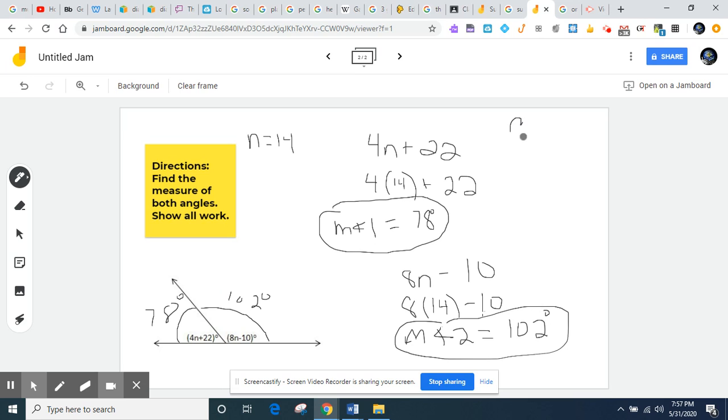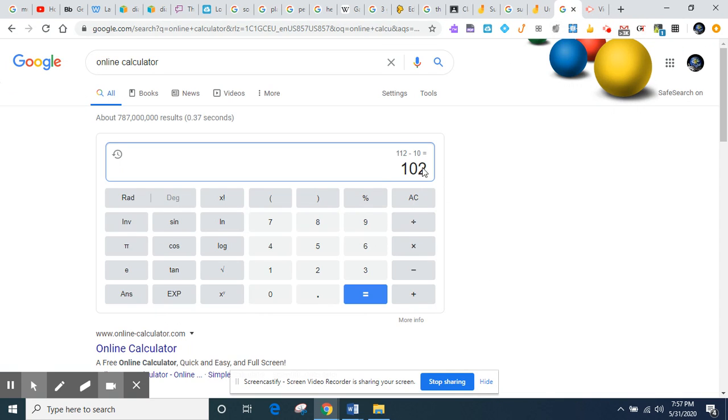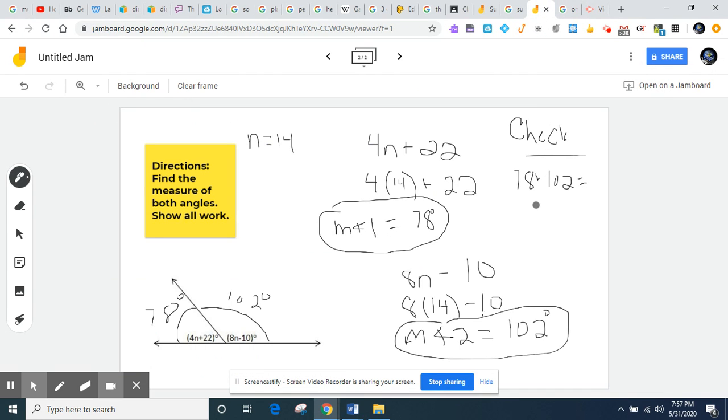Let's do a check and see if we're correct. Okay, so if we do 78 plus 102, it should equal 180 degrees. Let's check that out. So we have our 102 already in there, plus our 78, and look at that. It equals 180 degrees. So we know now that it checks, it works.